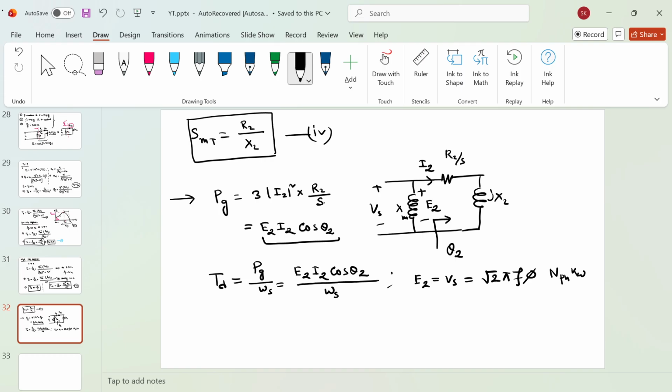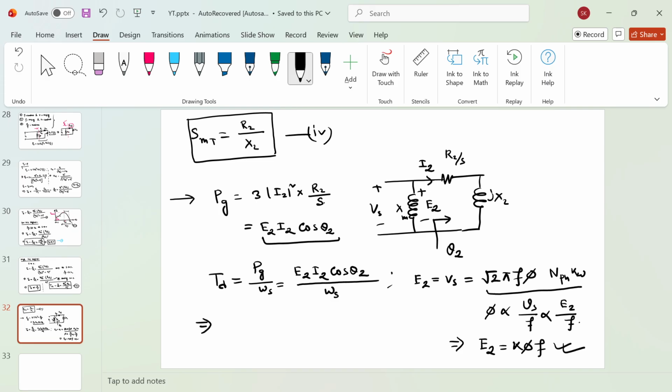If you see this equation, phi is directly proportional to Vs by F, or you can say E2 by F. So in place of E2 you can write E2 equals K phi F.